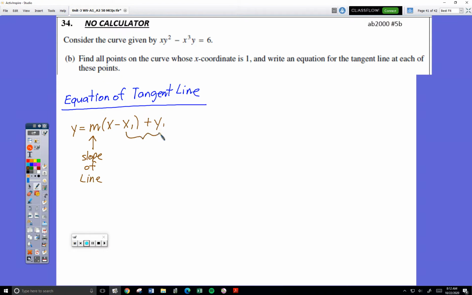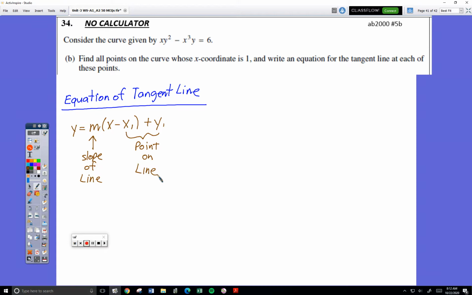X1, Y1 is a point on the line. So you're not writing this as you solve the problem. This is what you have to have previously memorized in order to solve the problem. So that's why I'm having you put this in your notes. Questions?